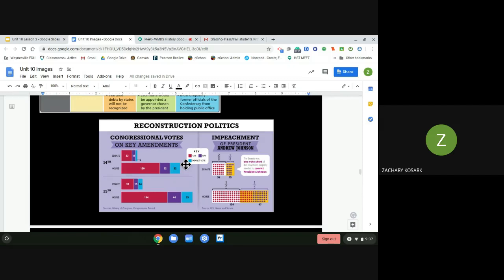In this lesson, things start to loosen in terms of Reconstruction's ability to shape Southern society, and its ability to protect African Americans in the South, both physically and in their civil rights and just their rights as human beings.